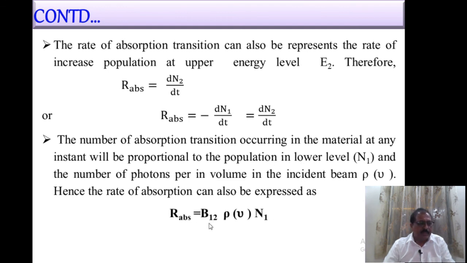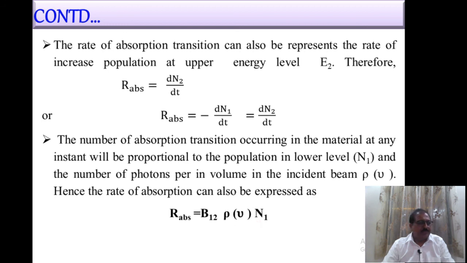Then R absorption is equal to B12 rho nu into N1, where B12 is the constant of proportionality, also known as the Einstein coefficient for induced absorption, rho nu is the number of photons per unit volume in the incident beam, and N1 is the population in the lower level.